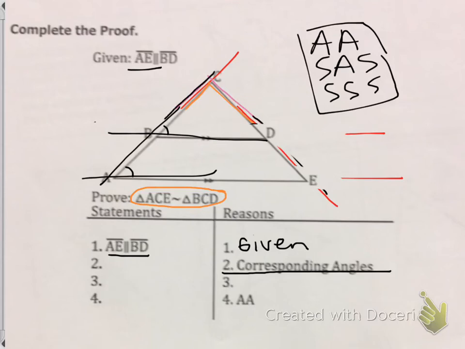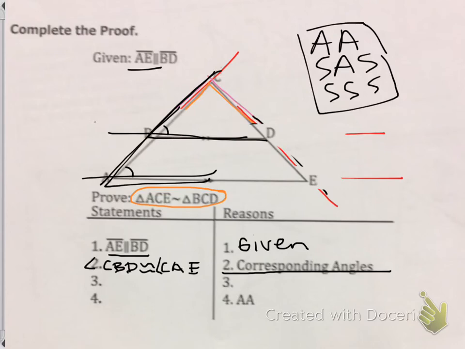So this would be angle CBD. I'm going to go CBD is congruent to angle CAE, so from C A to E. And they're congruent to each other because of corresponding angles. So angle CBD is congruent to angle CAE.